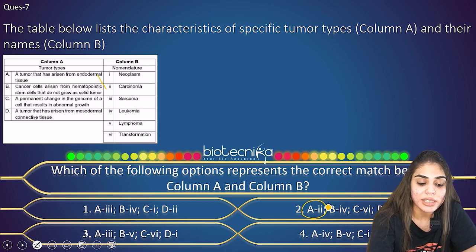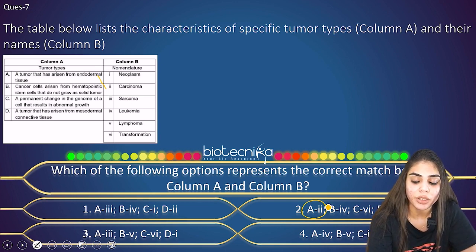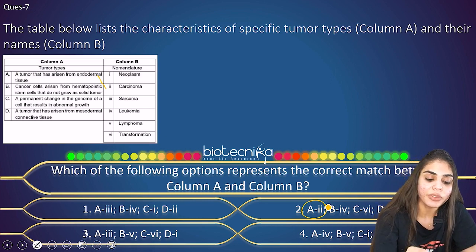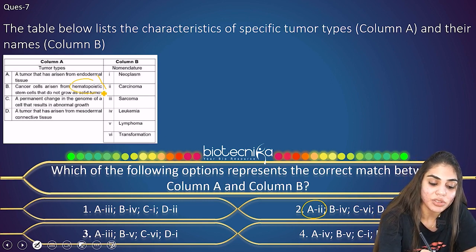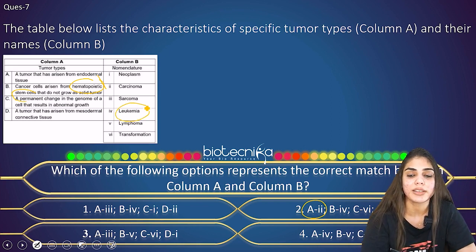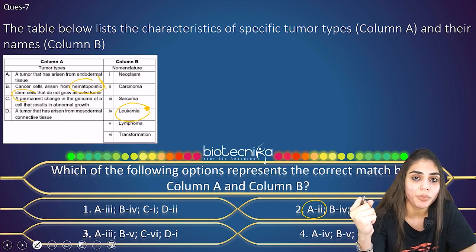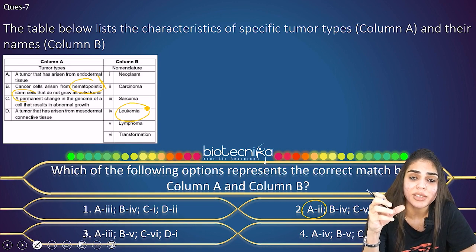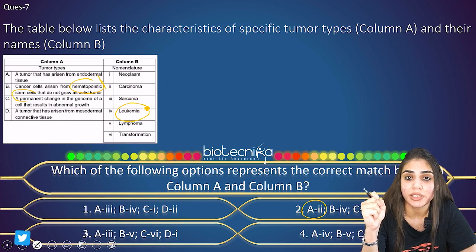Cancer cells that have arisen from hematopoietic stem cells that do not grow as solid tumor. If you see cancer of the hematopoietic stem cell, it is associated with leukemia, because the hematopoietic stem cell leads to the formation of all different types of blood cells. But now there is a cancer in the hematopoietic stem cell itself.